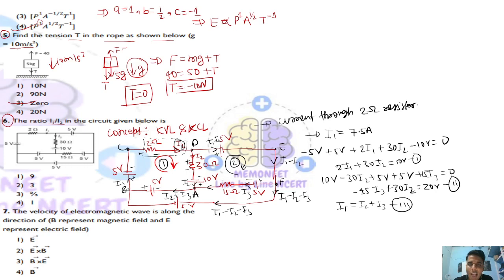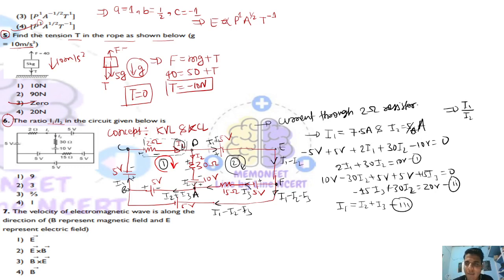We need to find out only I1 and I2, and after solving it you can easily find that I1 becomes 7.5 ampere, and when you solve for I2, it will come out to be 5 upon 6 ampere. And when you find the ratio I1 by I2, it's simply a calculation. I have told you the explanation, and you can do the calculation.